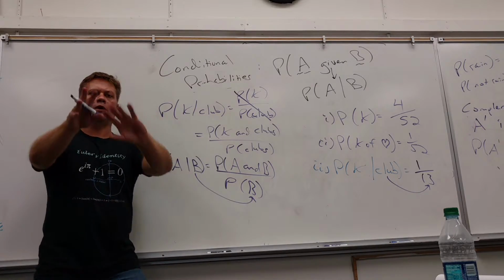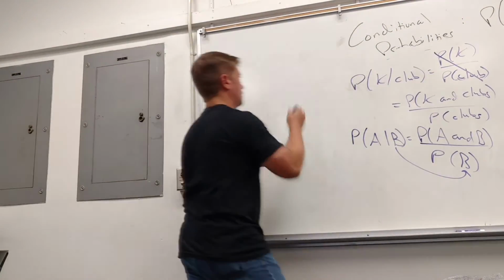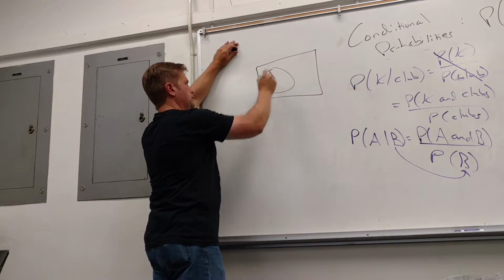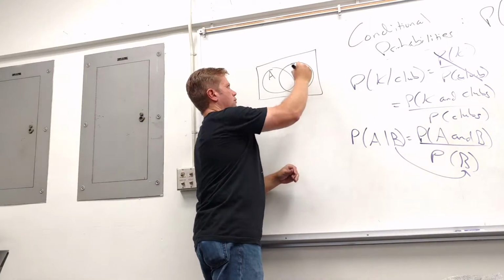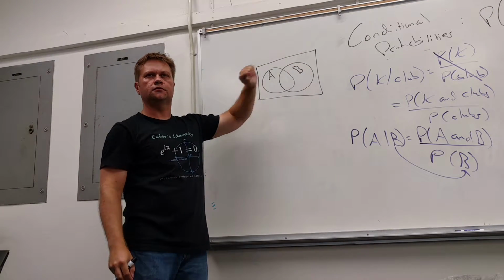So let me give it to you in a visual way. Have you guys ever seen a Venn diagram? So here's all my A's. And here's all my B's. So here's all the kings, and here's all the clubs, right?